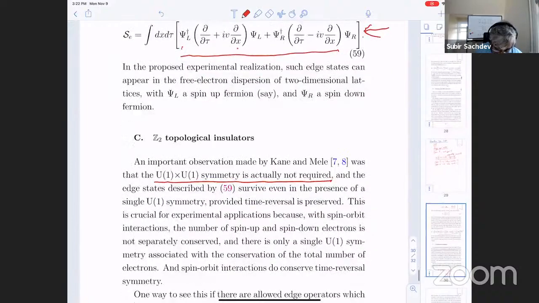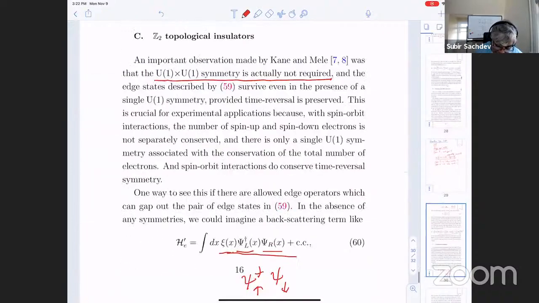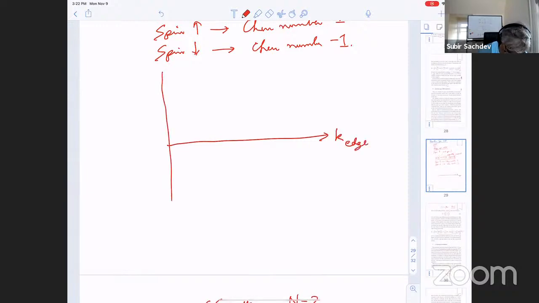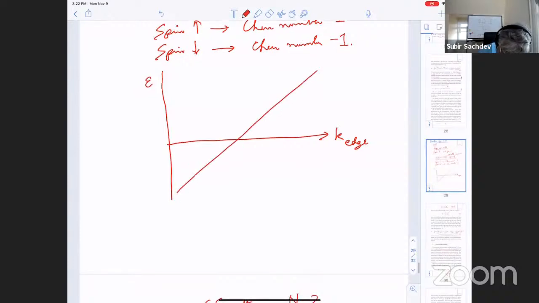If I draw the band structure, I can do it over here. If you look at the edge state, this is the edge of the sample, this is the momentum along the edge, and this is energy. The up spin electrons have a dispersion this way, moving to the right. These are the up spins.